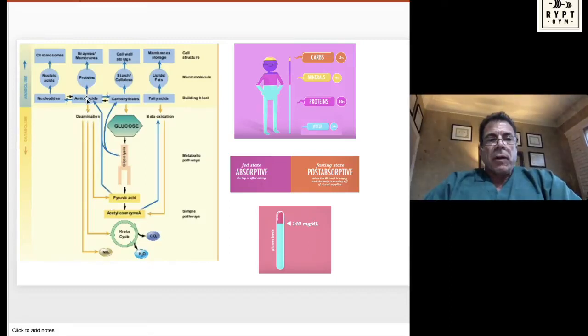Proteins can be broken down into amino acids if energy is required, and can also, through a process of gluconeogenesis, make glucose, then pyruvate, then acetyl-CoA, and then it's an energy source. So our three macronutrients can be converted back and forth into glucose and serve as energy needs.